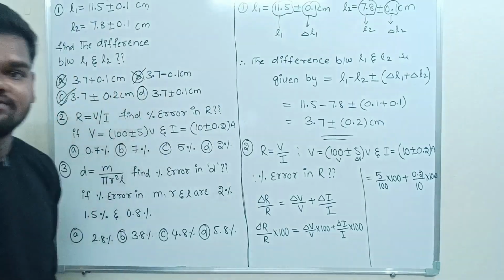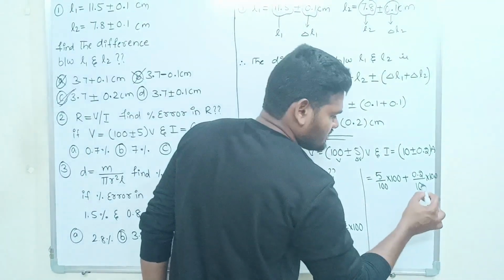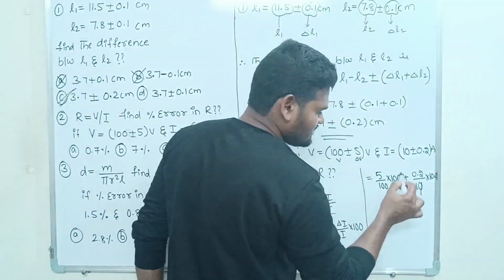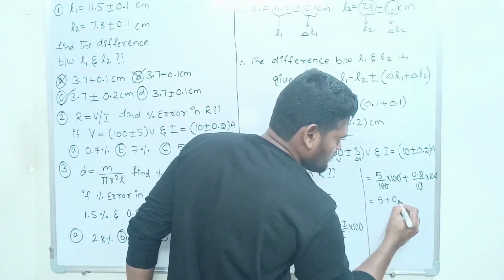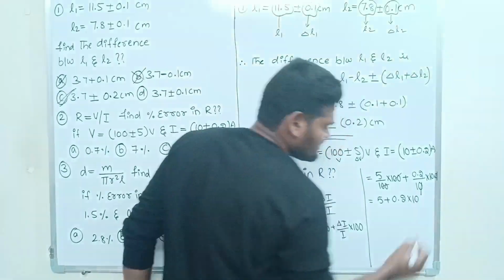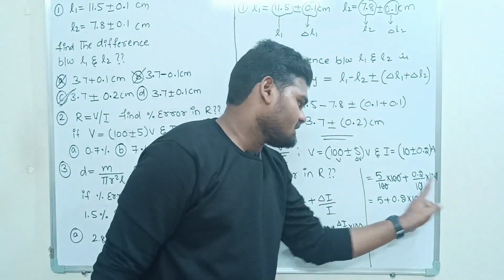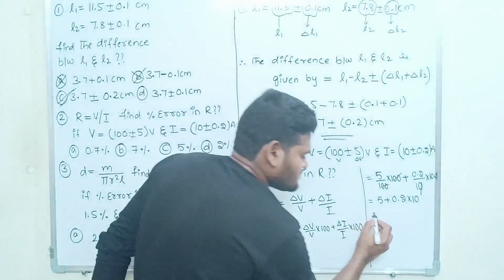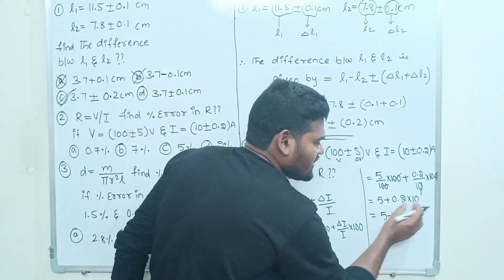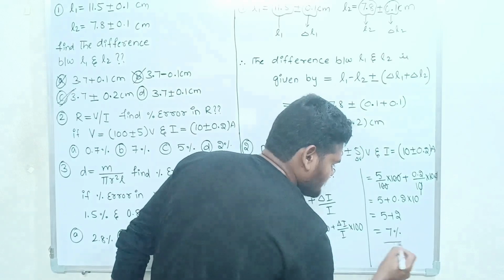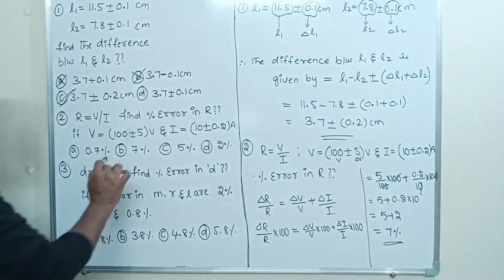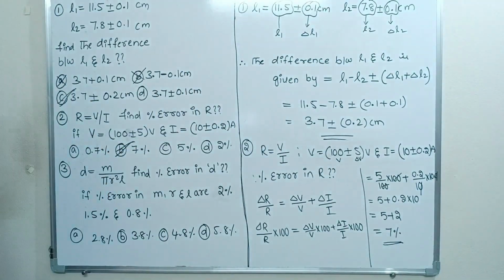Are you getting? 10 and 10 cancel, 100 and 100 cancel, so 5 plus 0.2 into 10, which gives 2. 5 plus 2 is 7 percent. The answer is option B.